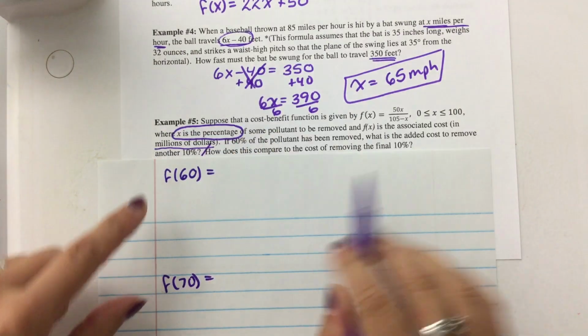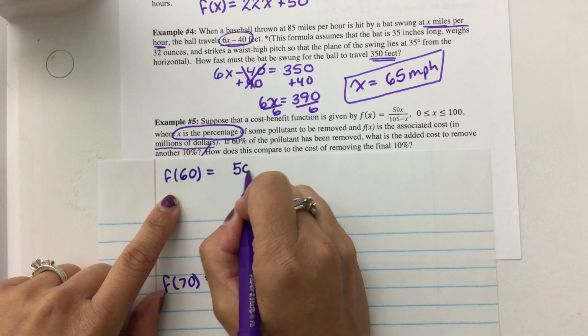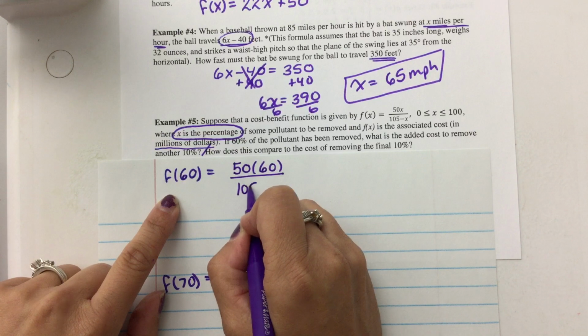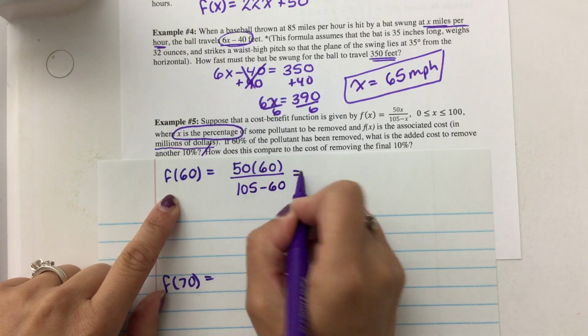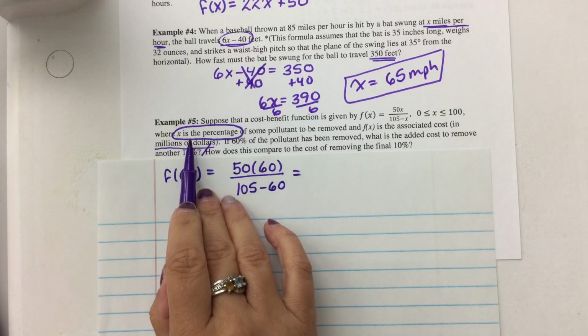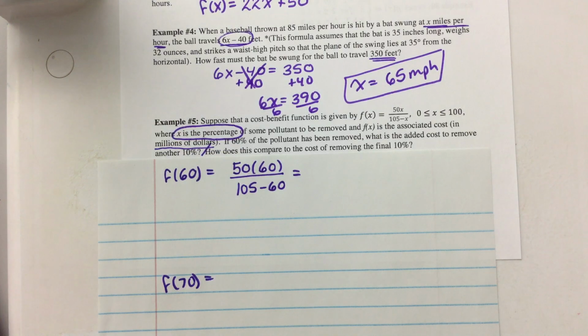So I'm going to go ahead and put 60 in for x. So 50 times 60 over 105 minus 60. Again, the reason why I kept it as 60 and not 0.6 is because in the problem, they told us x is the percentage. So you keep it exactly how it is.